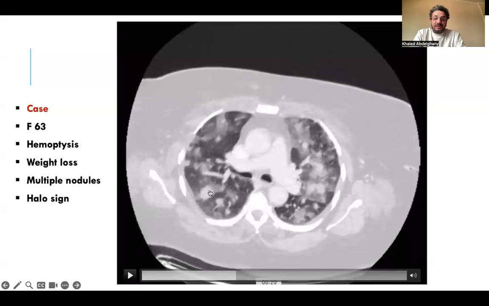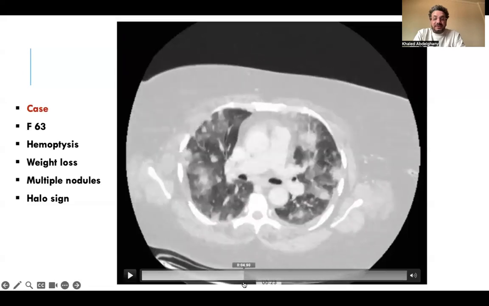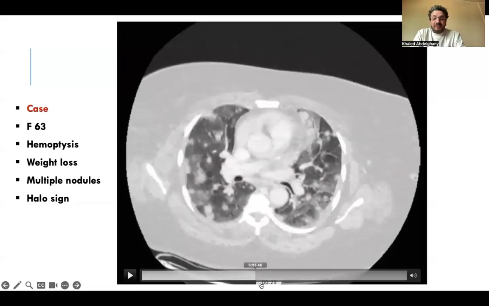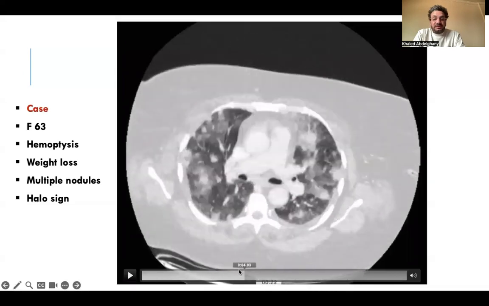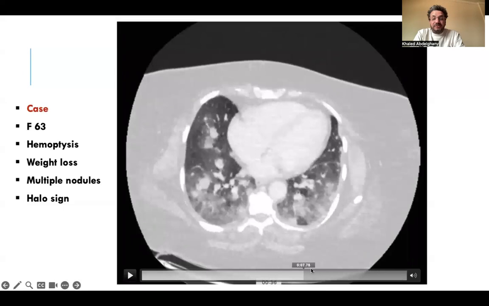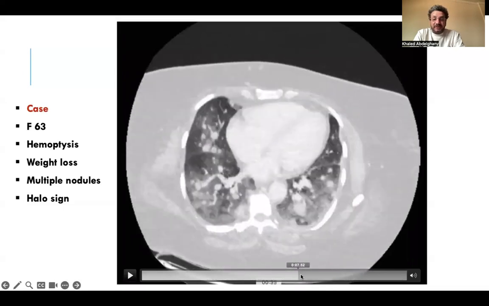Here you can see the nodules resting on the fissure and on the pleural surface, which denies centrilobular distribution. The perilymphatic distribution versus random in this case, here we see homogeneous distribution of the pulmonary nodules all over the lung fields.